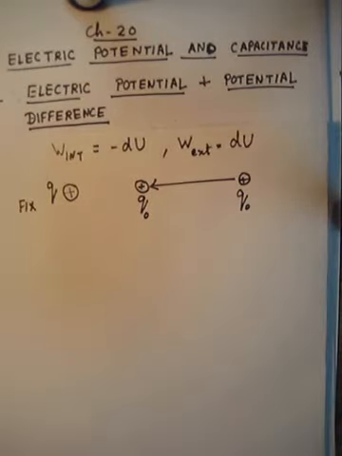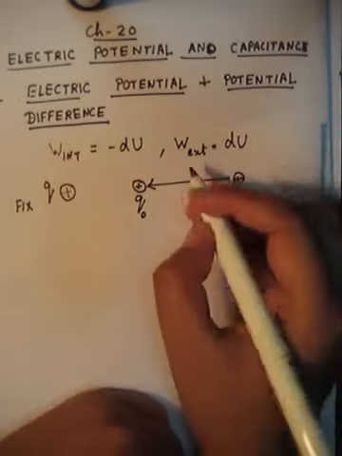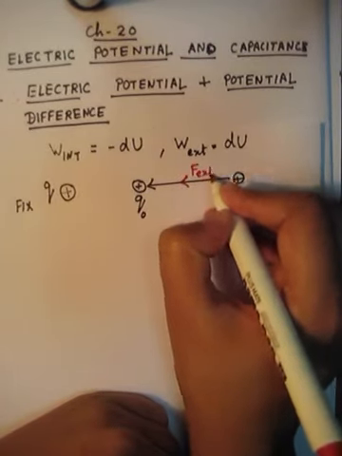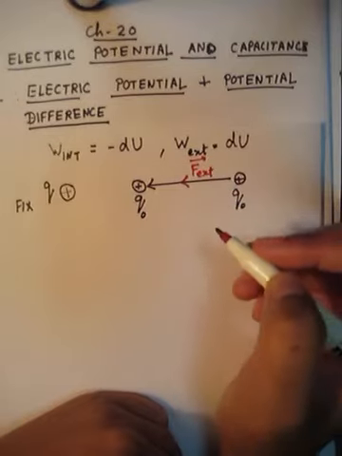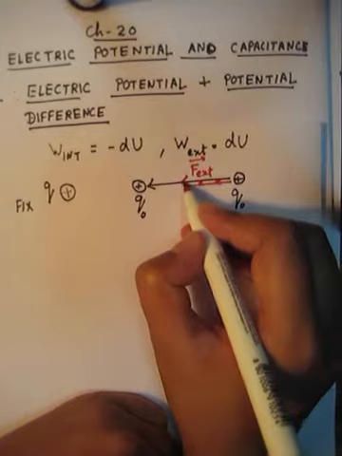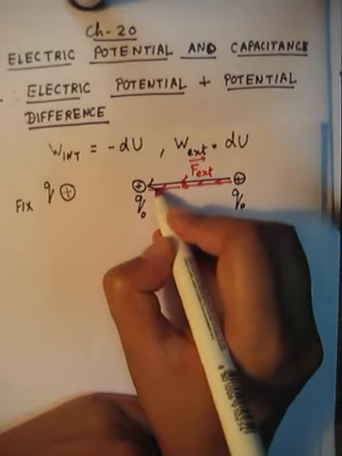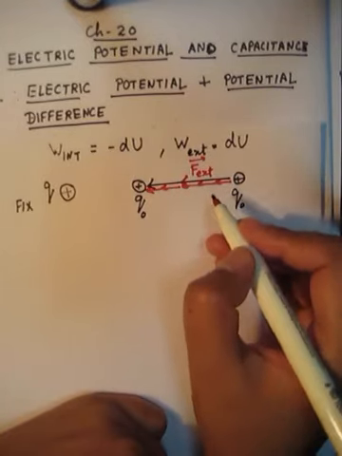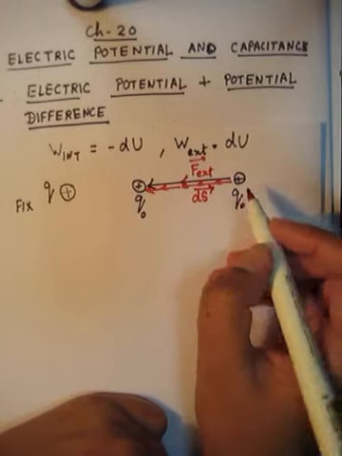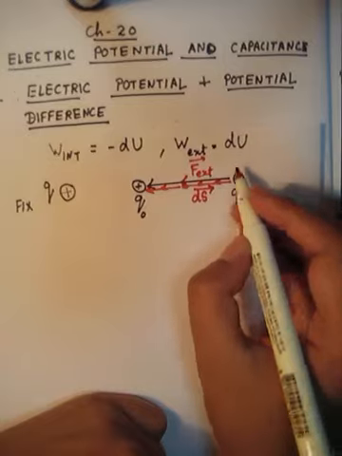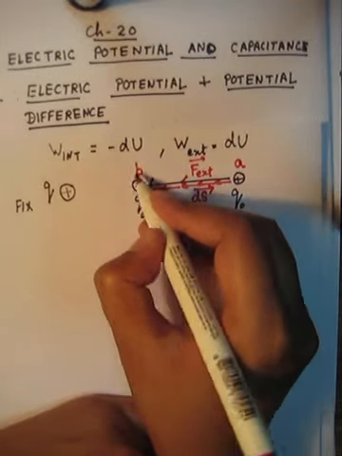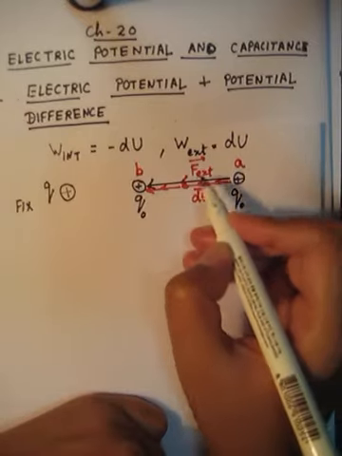This is done by some external force, and the displacement is through small vectors. This is the displacement vector from here to here. Let us say that this point is A and this point is B. So we are moving from A to B.